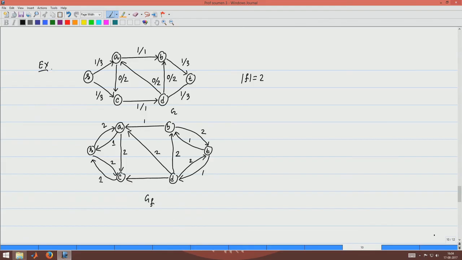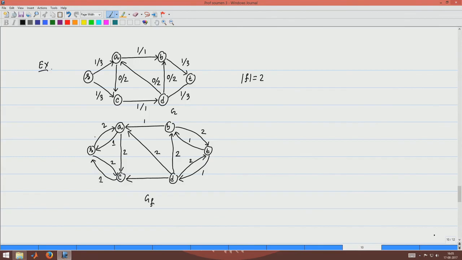Now, can you find an augmenting path here? Can you find a path from S to T? Okay. So, start from S, you can go to A, from A you can go to C, and from C you can go back to S only, right.